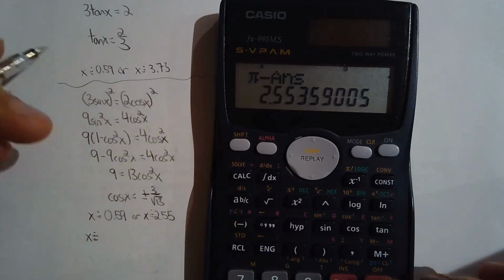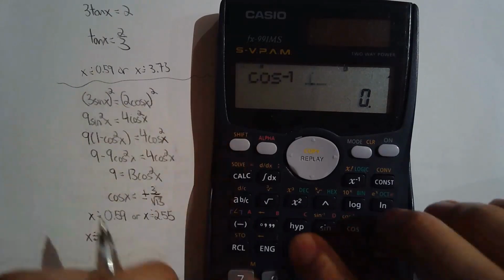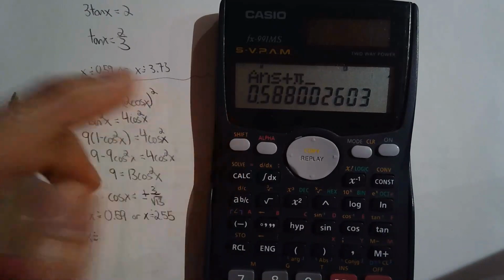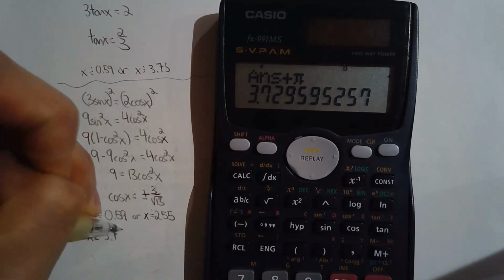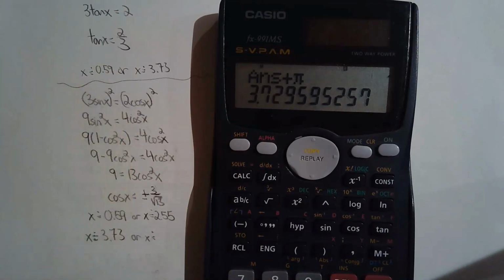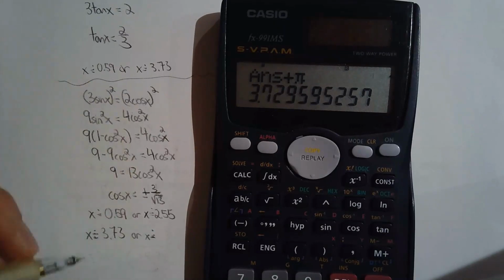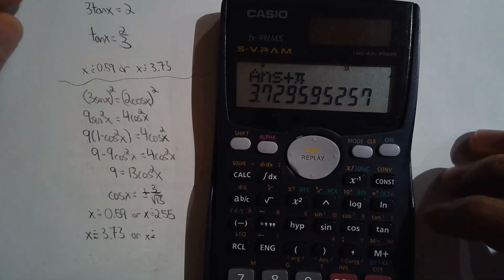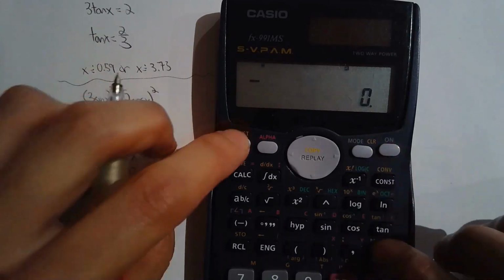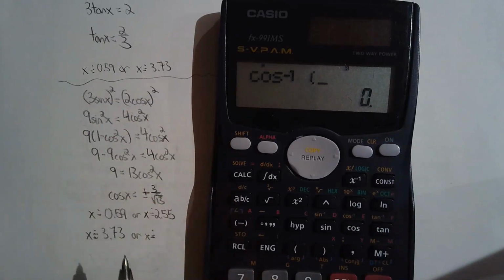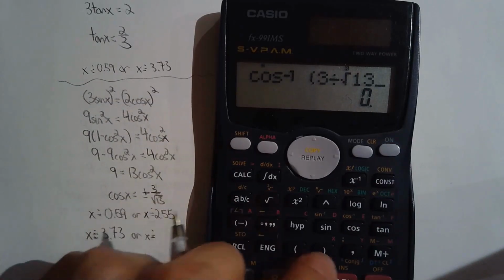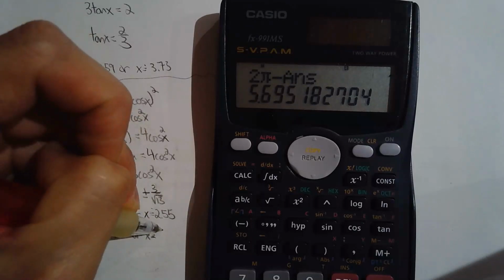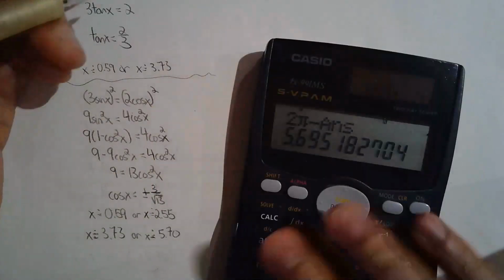I already know what it is, but I'll do the math anyways. 3.73. Now, how come I knew it was 3.73? Because I knew the quadrant 3 answer from the first way of doing this question. Quadrant 4, this one I have to do the math, 3 over root 13, and then 2 pi minus, because it's in the 4th quadrant. So we're looking at about 5.7.